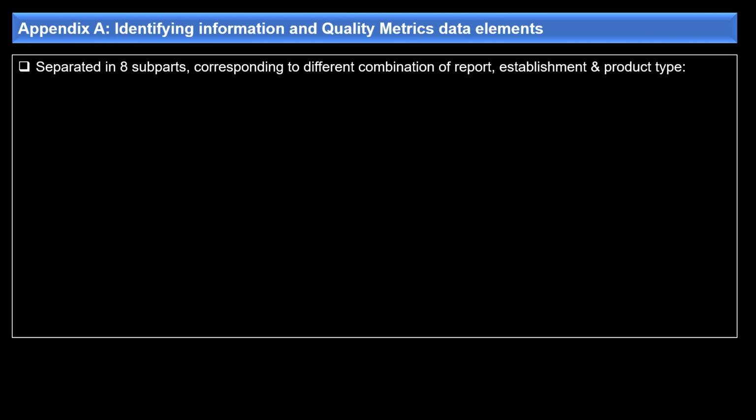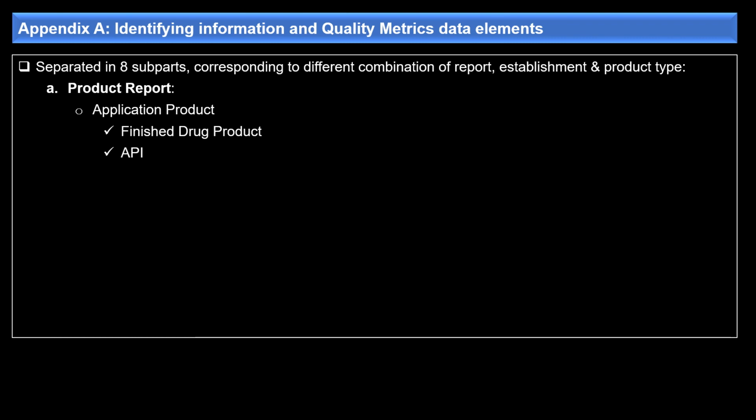The information is separated into 8 subparts corresponding to the different combinations of report, establishment and product type. If we look at the product report and the application part, the first is product report, application product, finished drug product. Second is product report, application product, API.